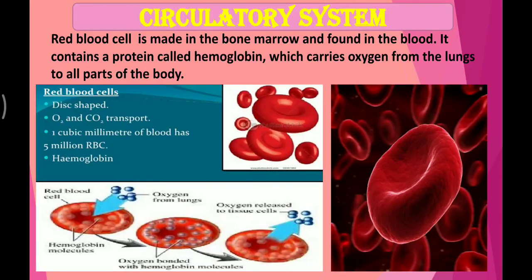I know you have all studied in your lower classes what component gives red color to the blood. It is the iron pigment called hemoglobin, which gives red color to the blood. It is a protein called hemoglobin which carries oxygen from the lungs to all parts of the body.